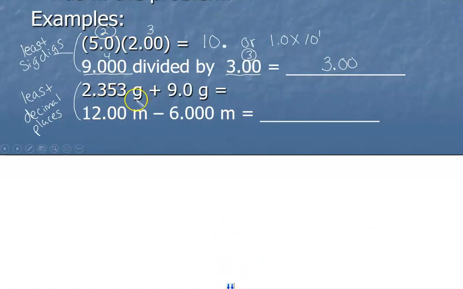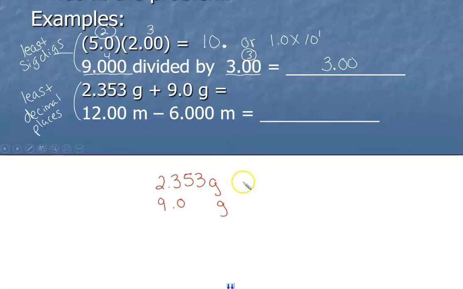Grams, we measure grams with a scale, and so sometimes in our classrooms we have scales that go out 3 decimal places. They're really good scales. But then I have some, they're still good scales, they're just not as great of scales. But sometimes the scale will only go out 1 decimal place.